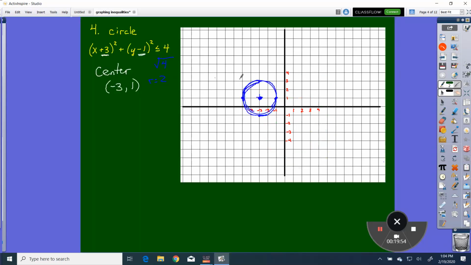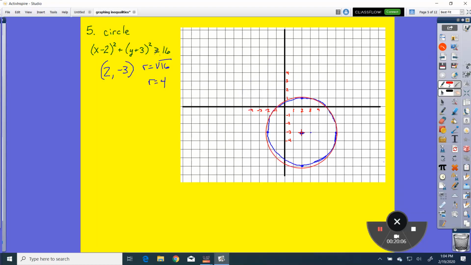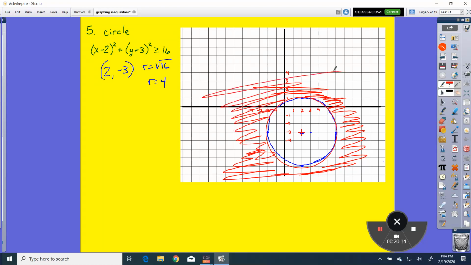So back to question number 4, where it says less than 4. Here's an easy trick for you. Less than is inside. Okay. Greater than, everything outside. Okay.